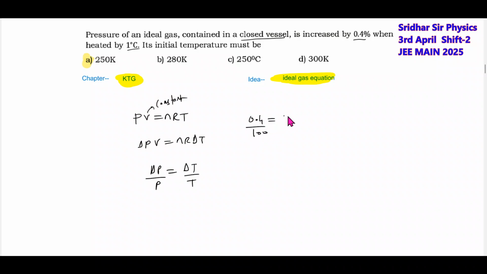When temperature is increased by 1 degree, or 1 Kelvin, what is the initial temperature? This is the initial temperature. So T will be 1000 by 4, 250 Kelvin. Closed vessel means volume constant.